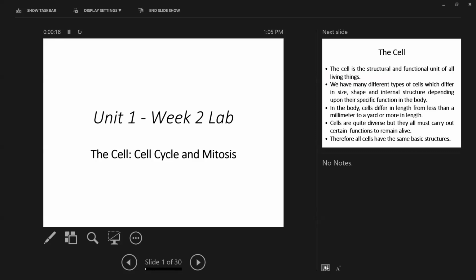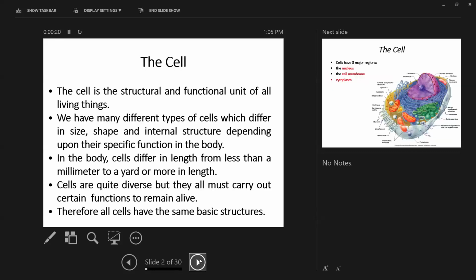Now, we probably learned that mitosis has the stages interphase, prophase, metaphase, anaphase, and telophase. But today you're going to see that interphase is not really part of mitosis. We know that the cell is the smallest unit of life. There's nothing smaller than a cell that's alive.